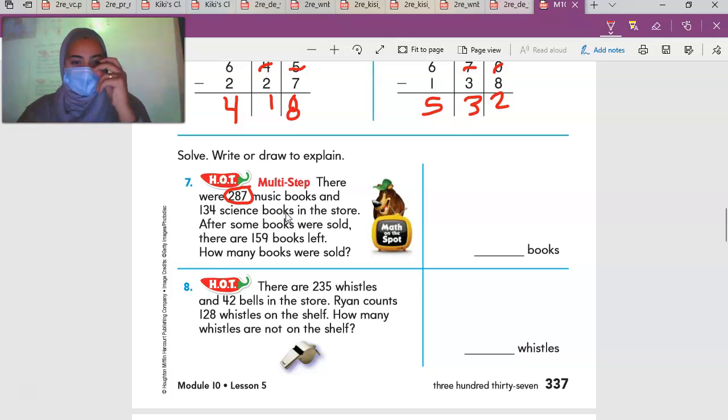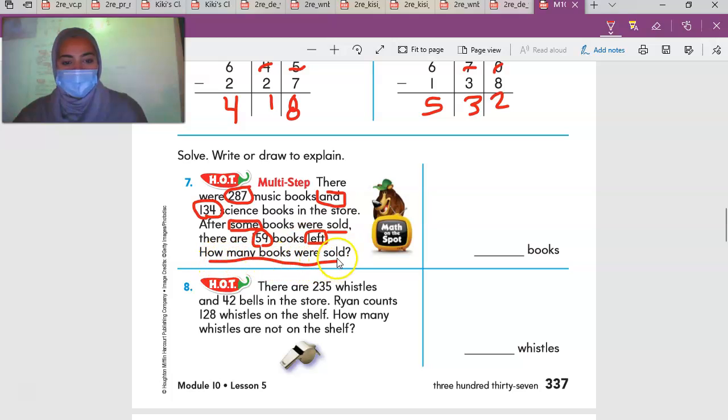There were 287 music books. And means add. 134 science books in the store. After some books, we don't know how many, but after some books were sold, there are 159 books left. Left is a keyword for subtract. How many books were sold? So, first step is and means add.